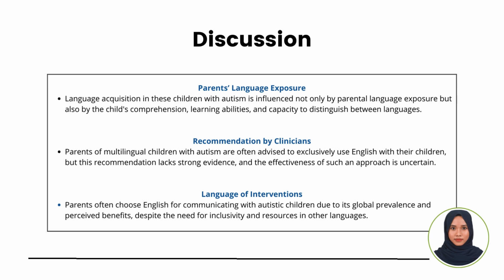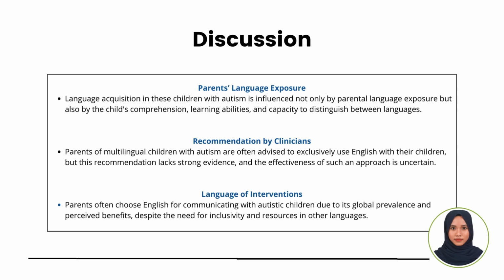In conclusion, this review has shown how parents' language use affects children with autism's English speaking skills. Some studies suggest that switching between languages can help their cognitive flexibility, while others warn it might only confuse them.